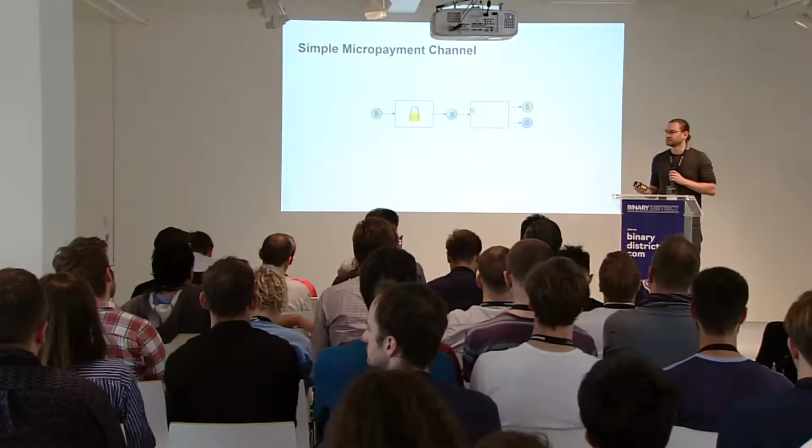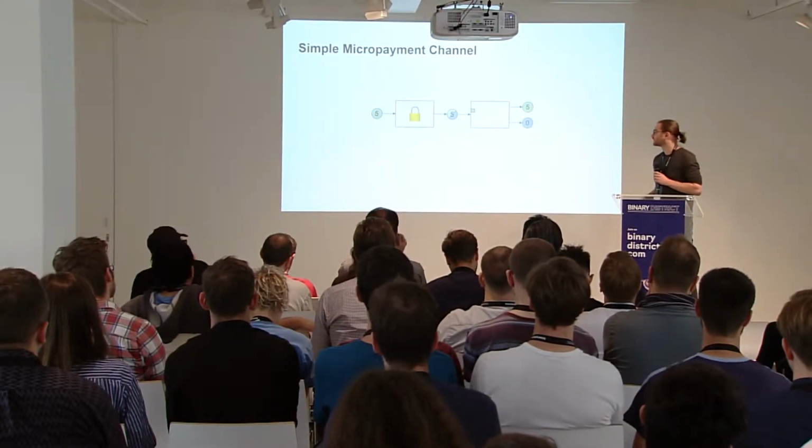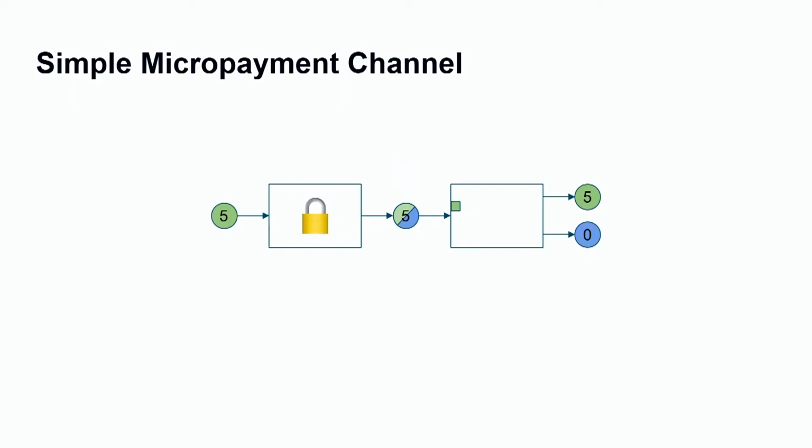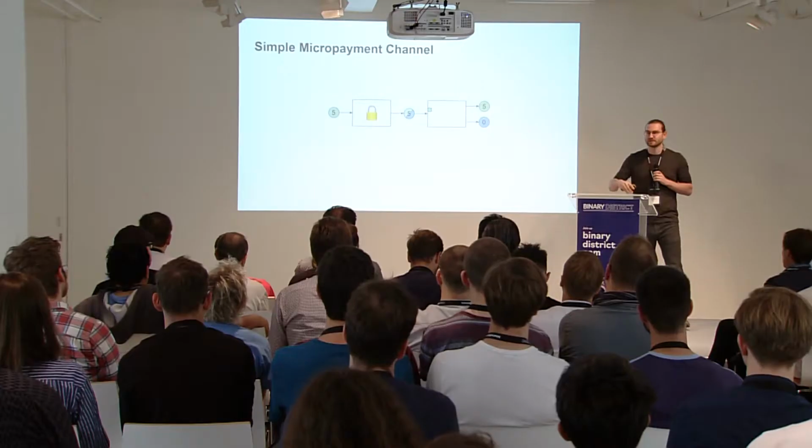We have now put the funds into a multi-sig address in which you no longer can decide unilaterally how to spend these funds. And now we can start negotiating. The half-signed transaction, which is missing the blue signature, is handed to both parties.